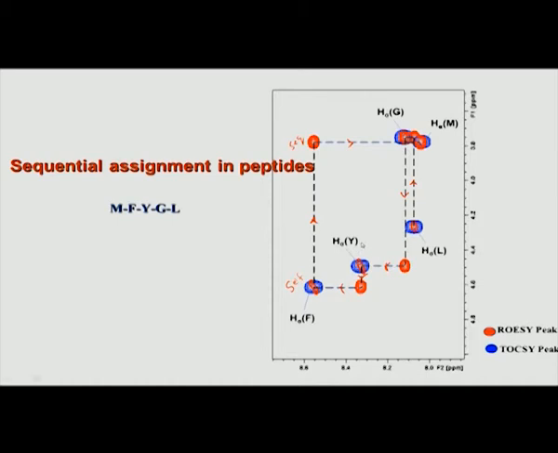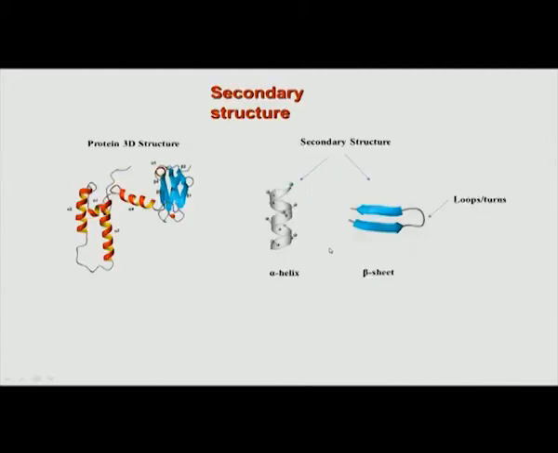But the basic philosophy, the idea behind sequential assignment, is the same: you establish a link between amino acid I and I minus 1. Usually it is done through the amide correlations.